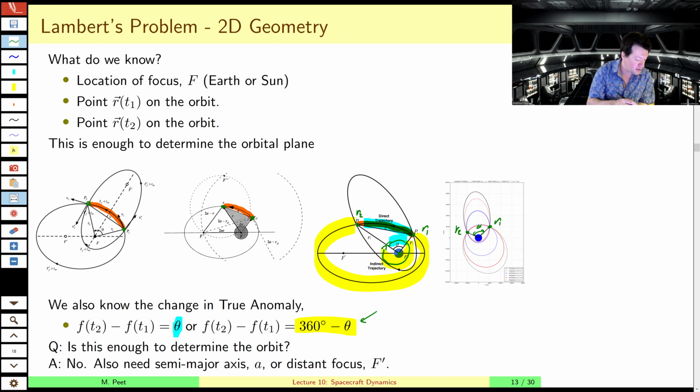What is going to help us is the time it takes, because obviously not all of these arcs take the same amount of time to get from point 1 to point 2. But it does limit us. You can see this issue of navigation in space again. We are limited to arcs that look like this. We have strong restrictions on the geometry of our transfers because space travel is not as simple as it seems.